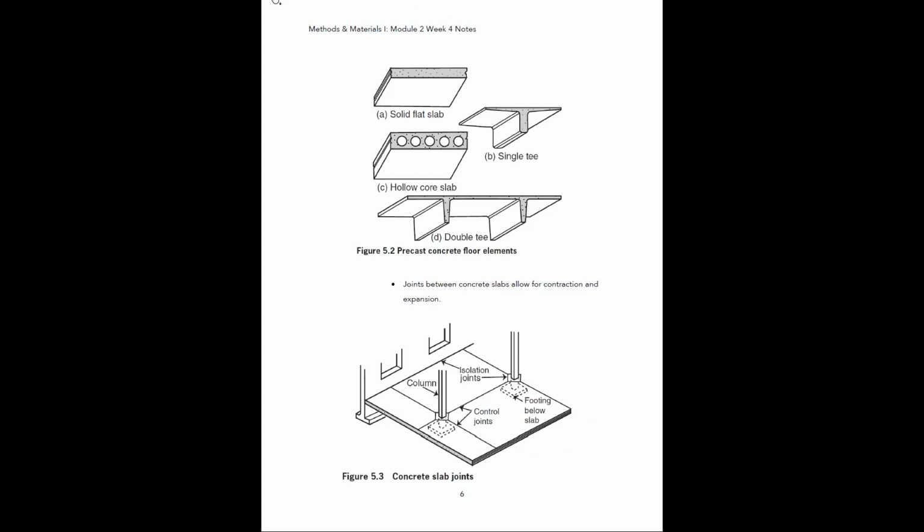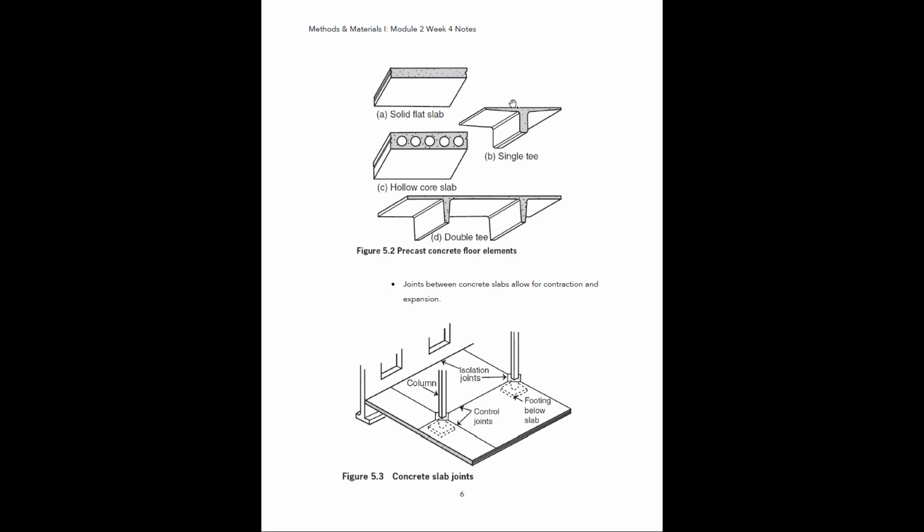All right, so this is a picture from your textbook, but this just illustrates some different profiles of concrete slabs, okay? So first we have just a flat slab, and then there are ones that have these hollow cores within them. And then these ones are called Ts, okay?